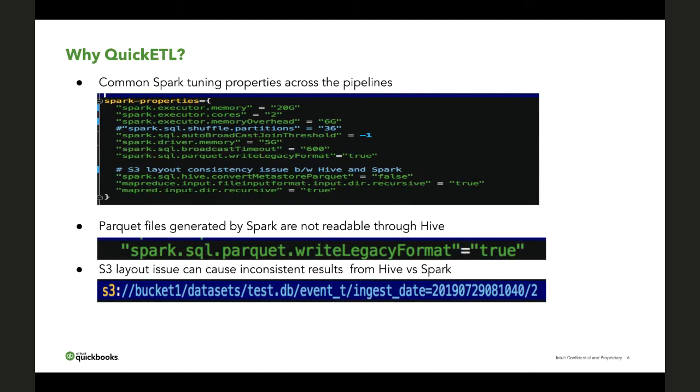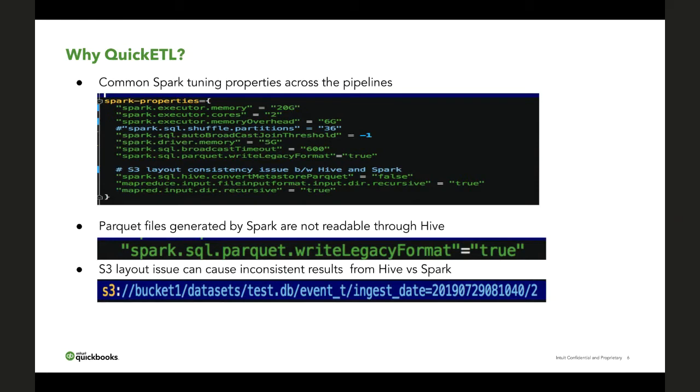Apart from that, a few examples. Suddenly you see some issue in the data lake and you would like to fix it across the pipelines, right? In our case, we use different execution engines for processing, like Hive, Spark, Redshift, Athena, Presto, all of those. But there are some discrepancies: if you write a data set through Spark, it may not be readable by Hive.